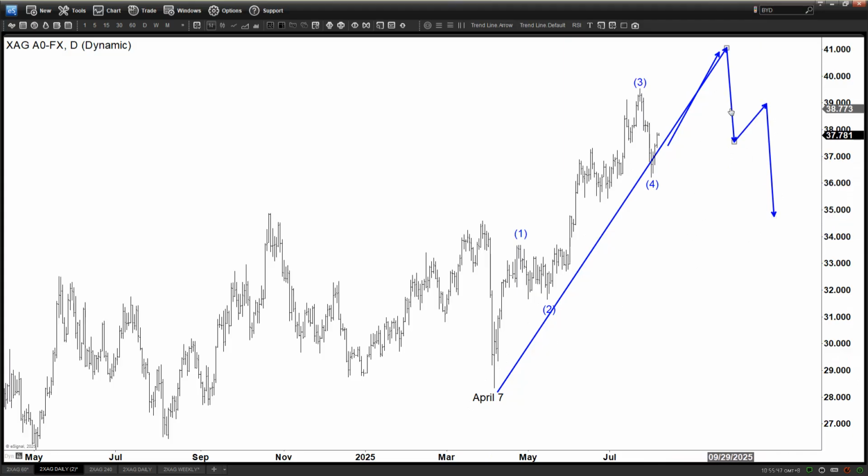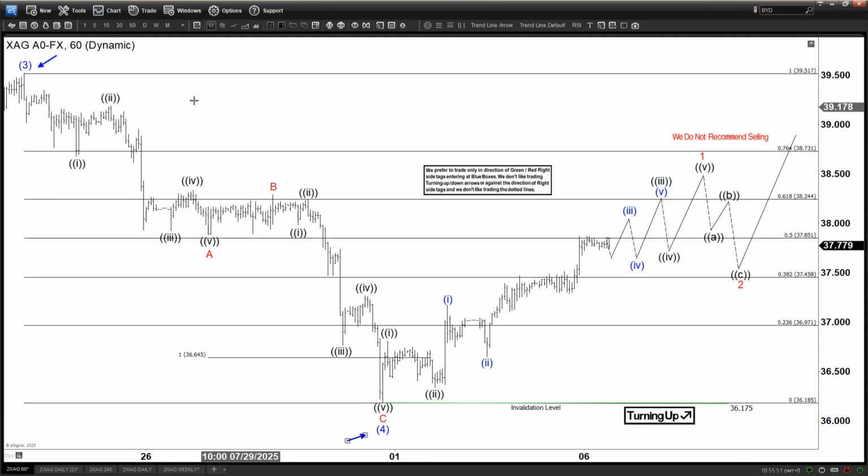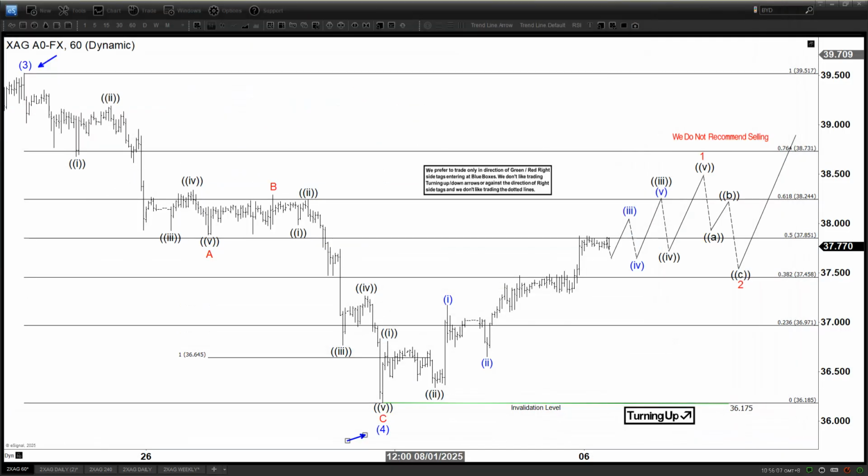Okay, so going back to the 1 hour time frame here, this pullback with 4 subdivides into a zigzag ABC: 1, 2, 3, 4, 5 A, B, 1, 2, 3, 4, 5 C. So if you look at this one, wave 4 subdivides into ABC, which is exactly what we see here, wave 4 subdivides into ABC.